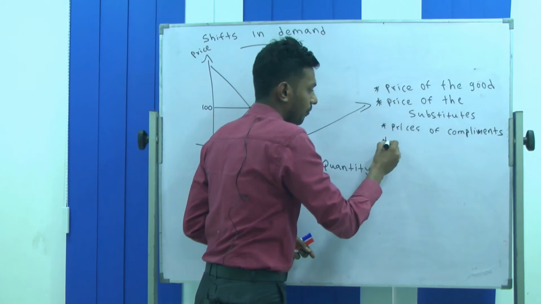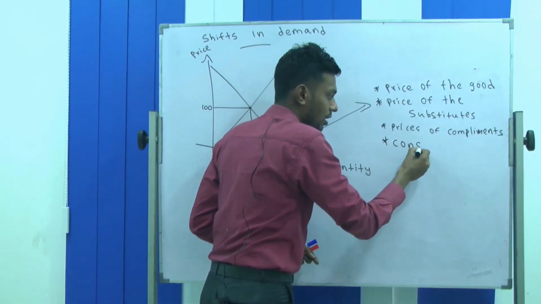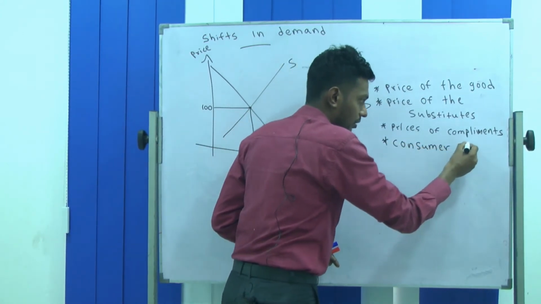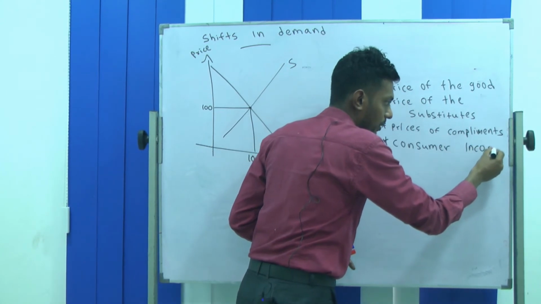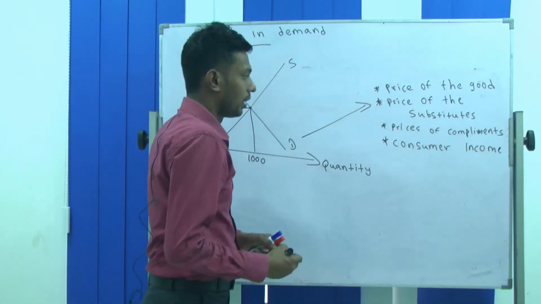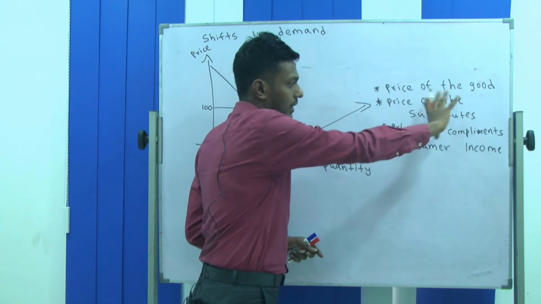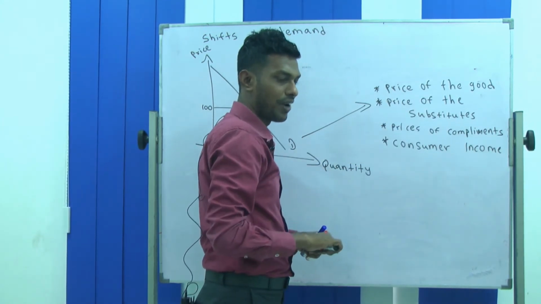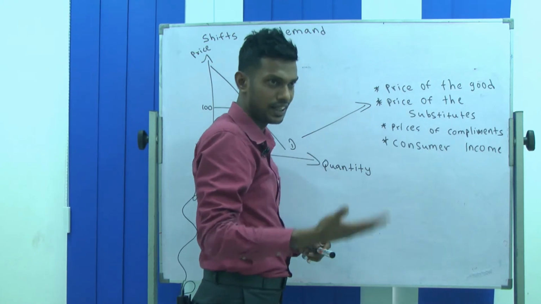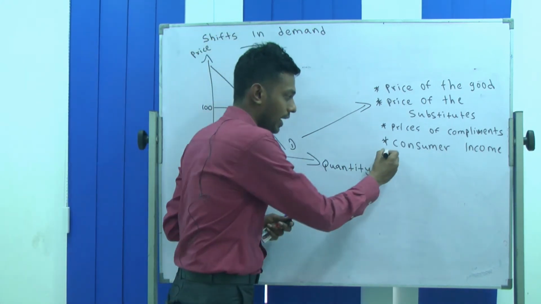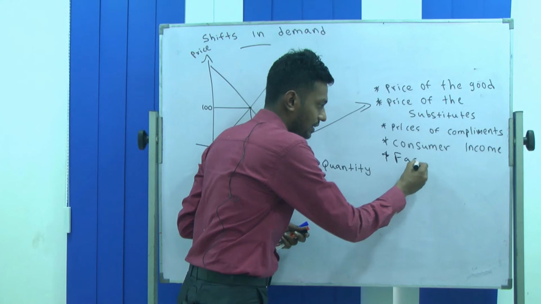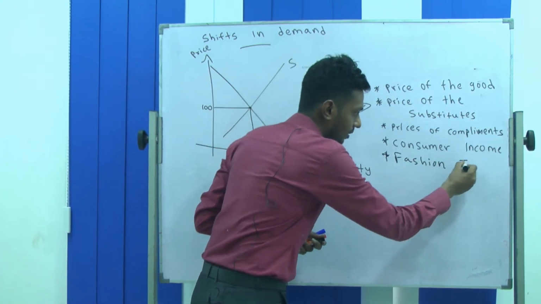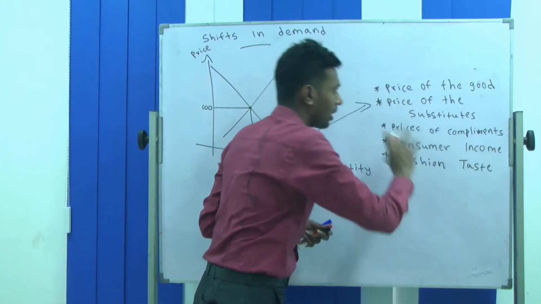Then we'll look into the consumer income. You all know this, that's why I am speeding a bit. Let's just take these three. We have more geographical factors and other factors: gender, consumer income, and fashion and taste. These are the demand determinants.